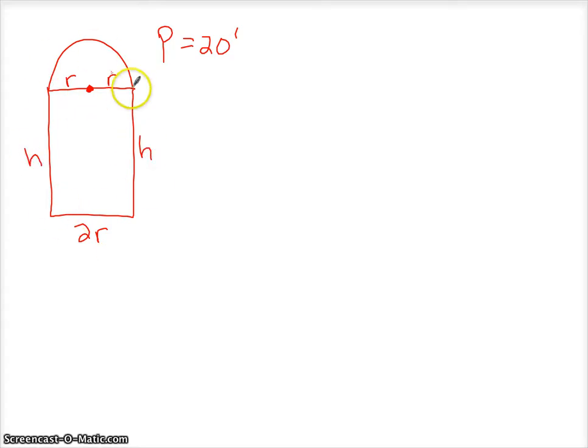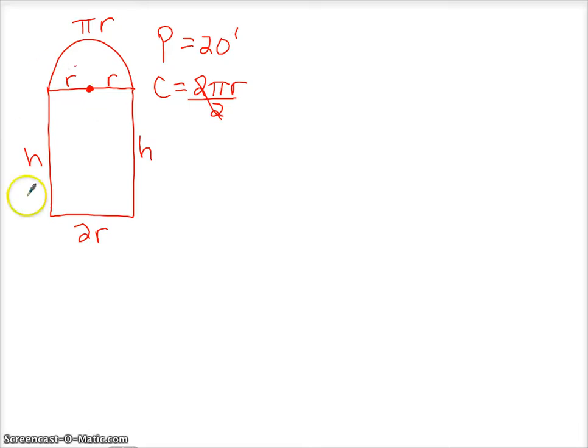Now, we know that the circumference of a circle can be found by 2 pi r. But we have a semicircle, so we're going to cut that in half. So our circumference is just pi r, because we only need half the circumference.